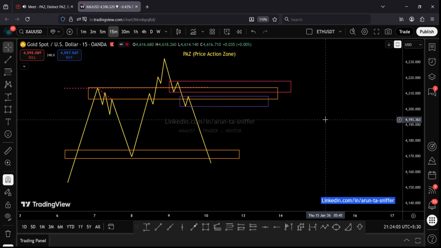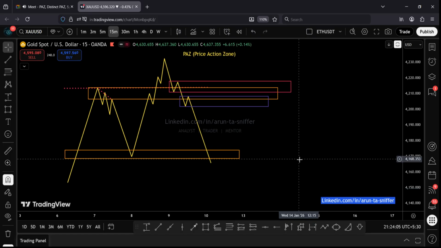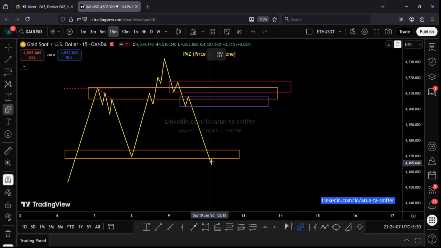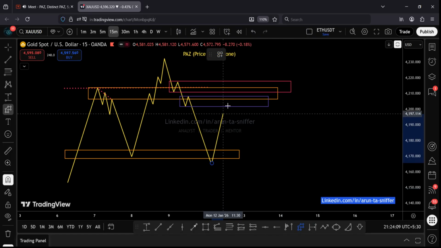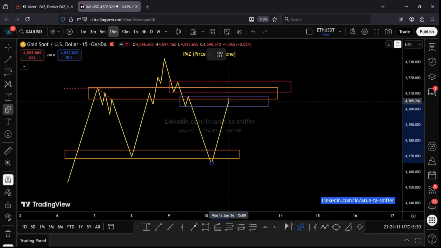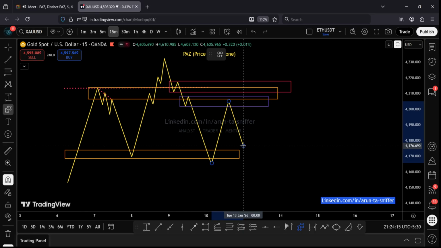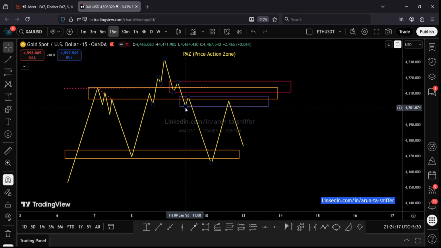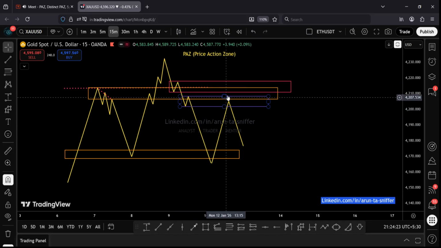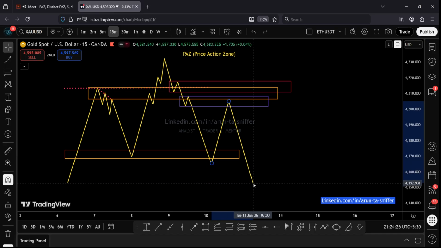So what will happen? Price will go back and then it will fall, but may not fall completely. Why? This RS did not hit this LS. If this has hit this LS, price will go up and come down like this.